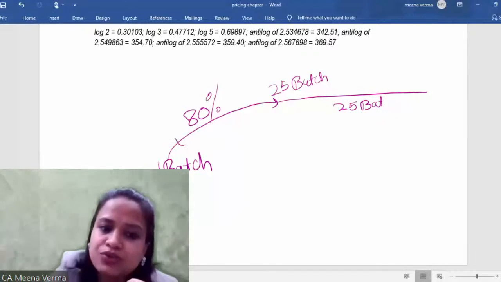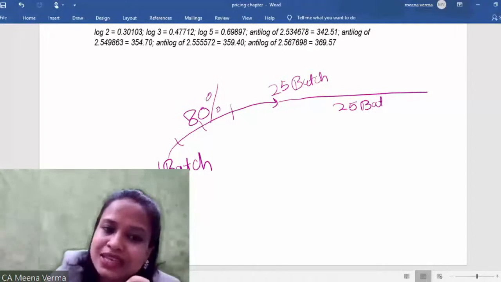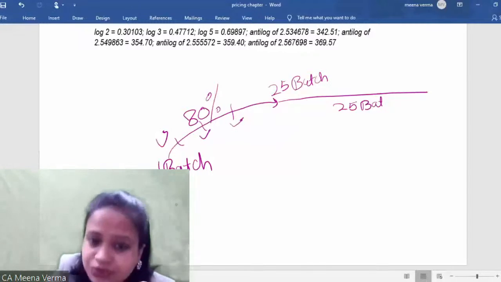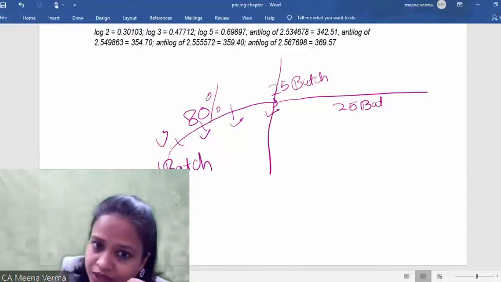It means that for producing these units, the labor is taking more time per unit, then less time for the next unit, then less time for the next unit.